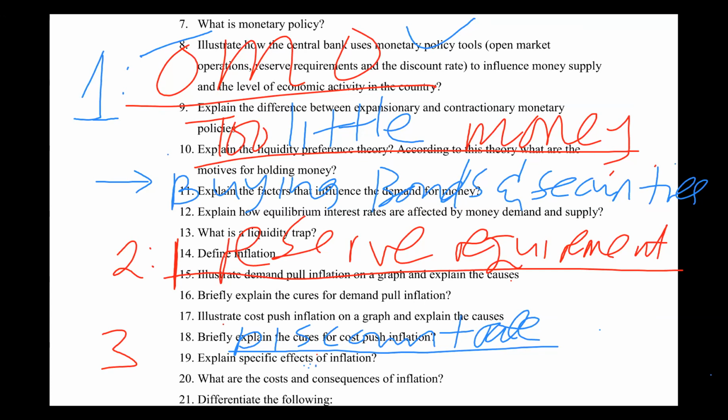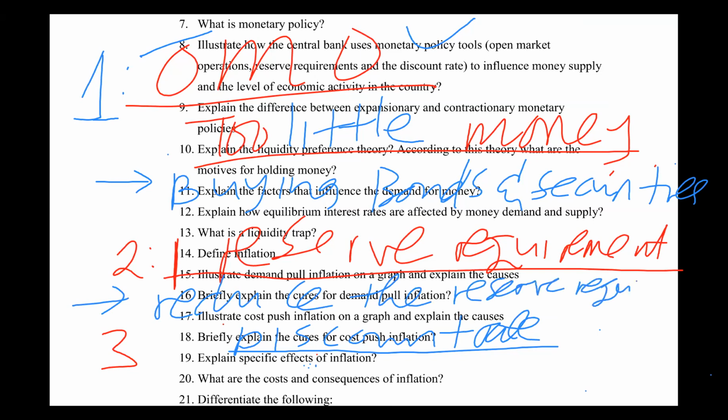Is that clear? It's just the opposite of what we just said. About the reserve requirement, when we have too little money, we have to increase the supply of money. So if they want to increase the supply of money, what happens is that they reduce the what? The reserve requirement, right?